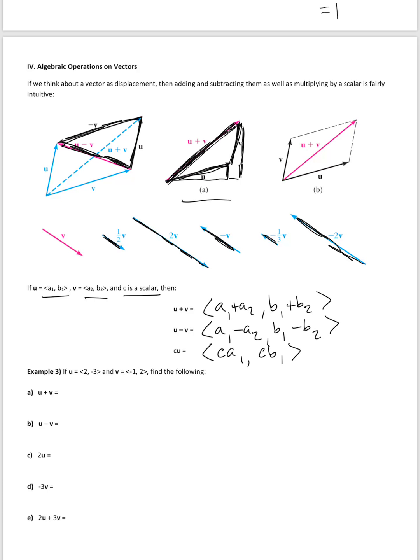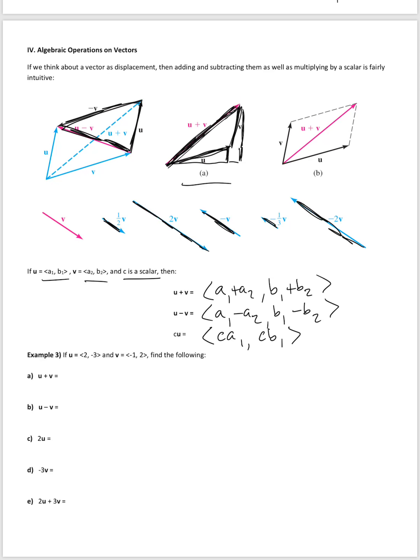Let's go ahead and work through a few examples. So u plus v, this is u, this is v. That's going to be a1 plus a2, so I find it helpful to label my components. That way I know exactly what I'm plugging in.